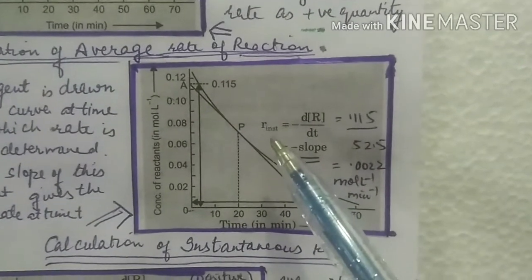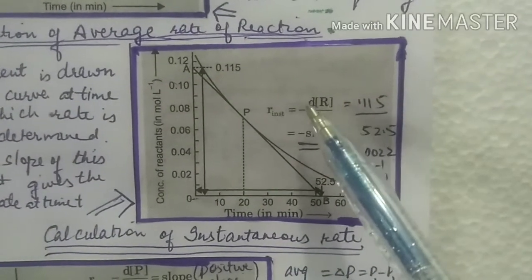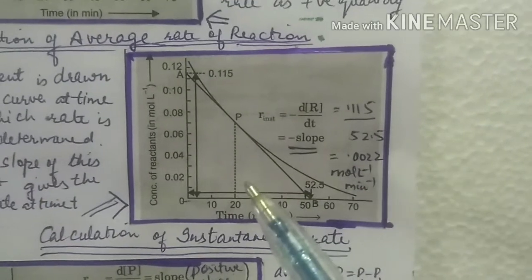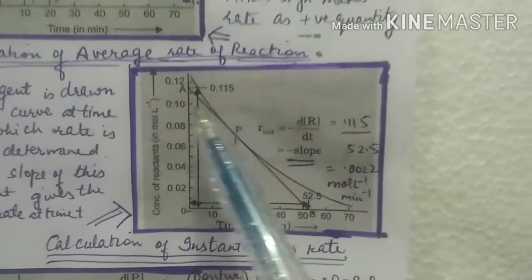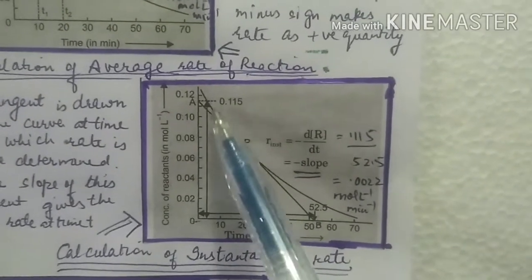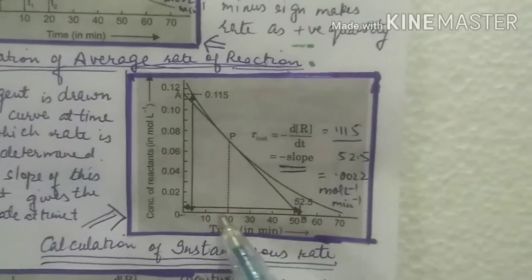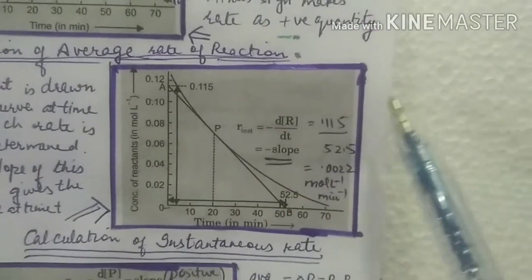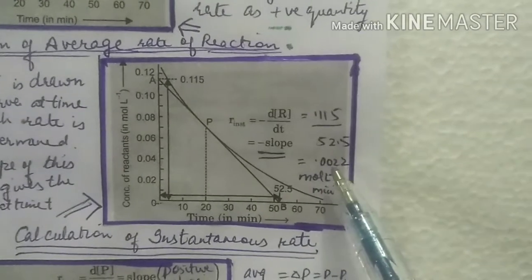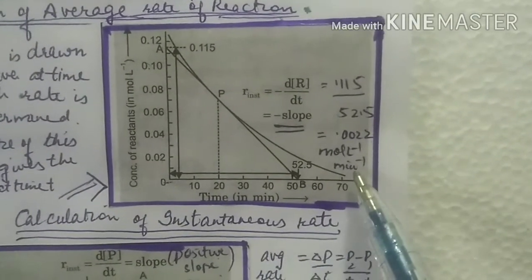So instantaneous rate will be minus small change in concentration with small change in time. At this tangent, the value is 0.115. This tangent meets at point A, so OA is 0.115 and OT is 52.5. So instantaneous rate will be 0.115 upon 52.5, which is 0.0022 moles per liter per minute.